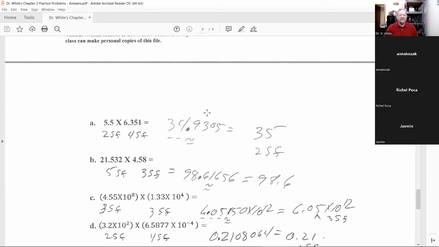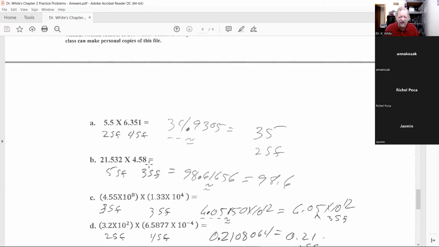All right. Now, when you multiply or divide, you get the same number of significant figures in your answer as the number you're multiplying or dividing that has the fewest significant figures. I'll say that again.